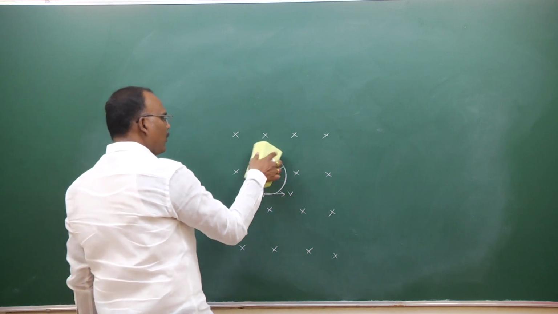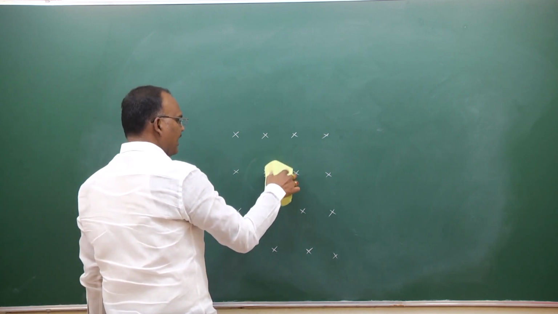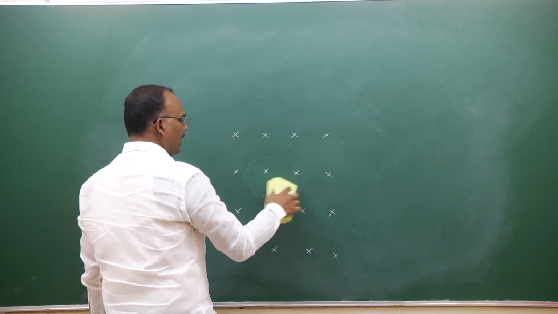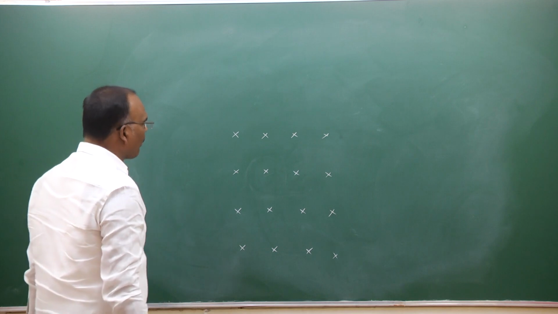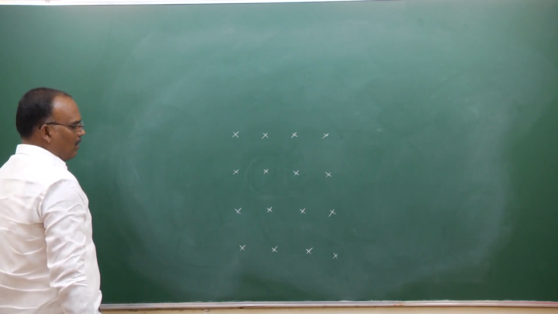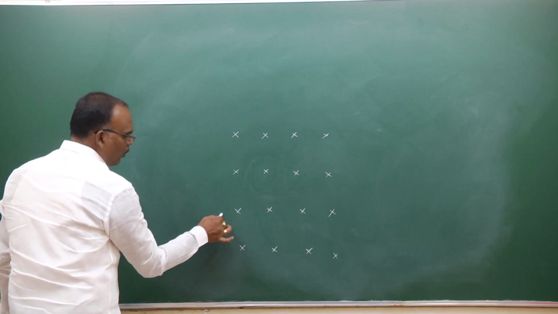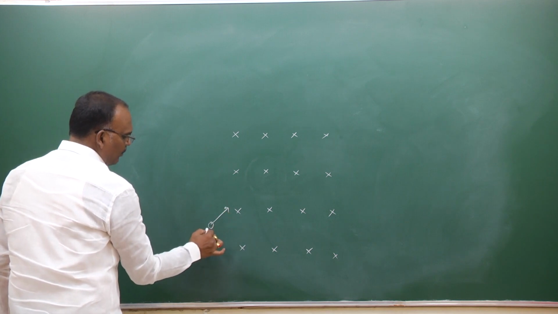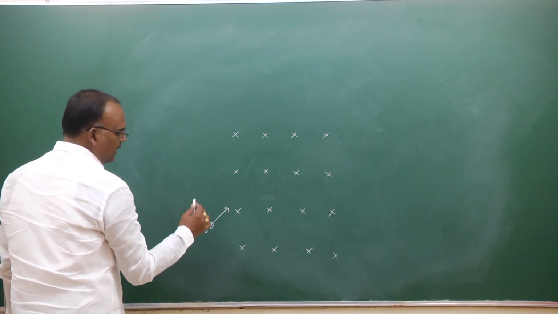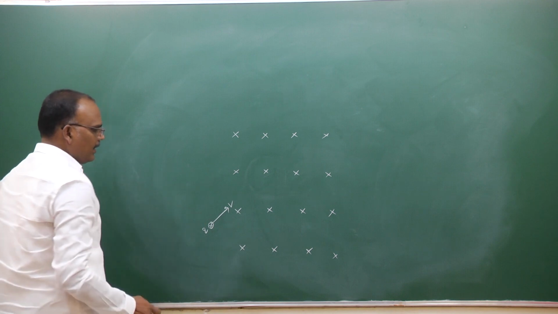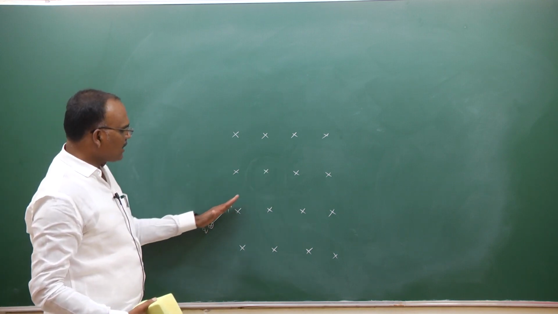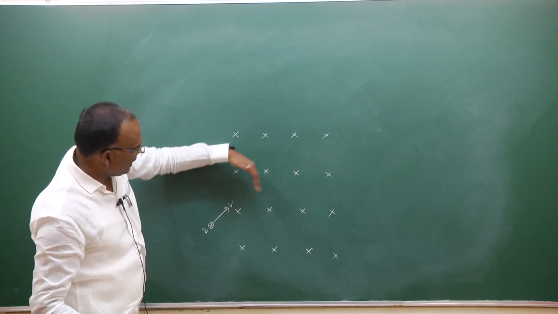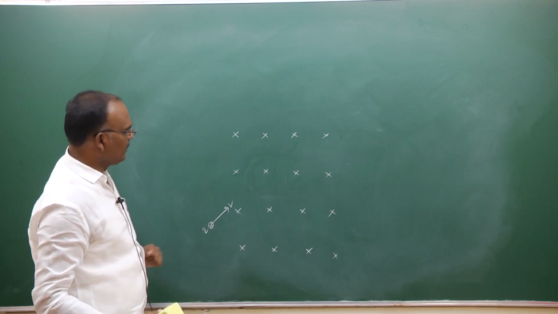But now what we are doing, we are projecting this charged particle into the magnetic field at an angle of 90 degrees from outside. For example, if I throw a positively charged particle in this direction, positive charge is moving in this direction, which means current also goes in this direction.